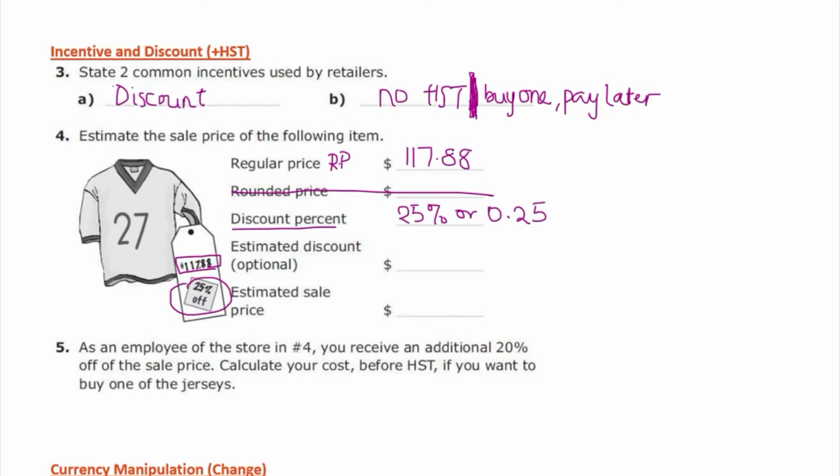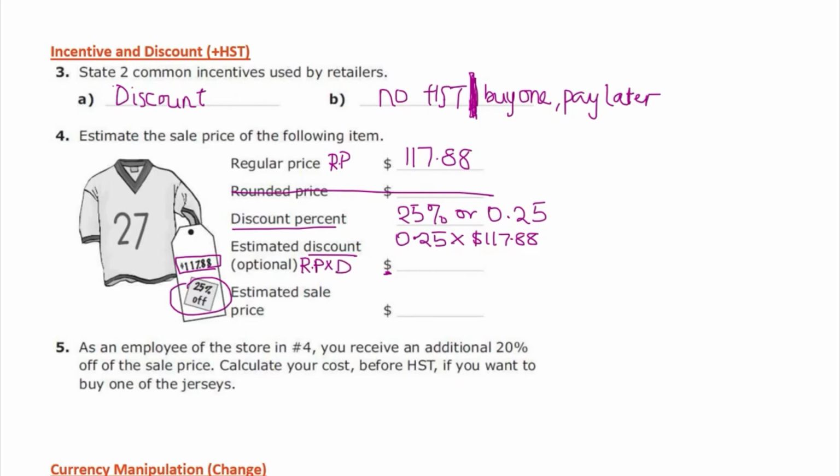So to find the estimated discount in dollars, don't forget that it means that we're multiplying 0.25 by the regular price, which is 117.88.